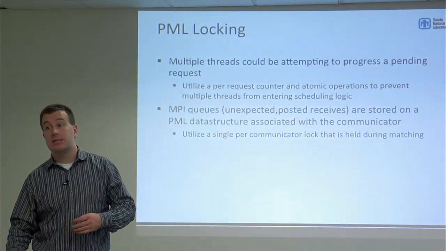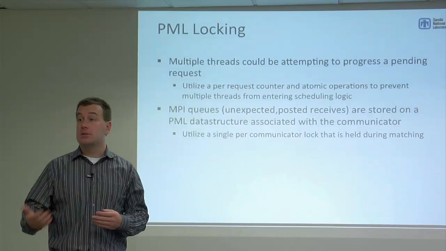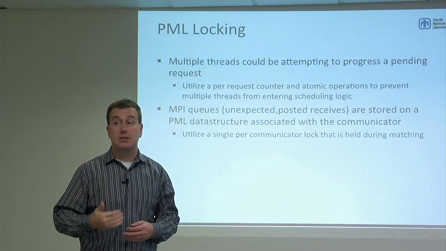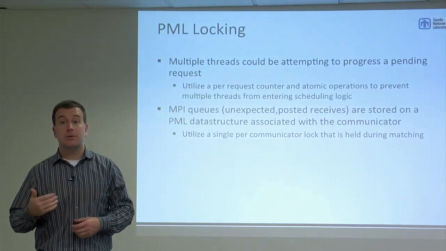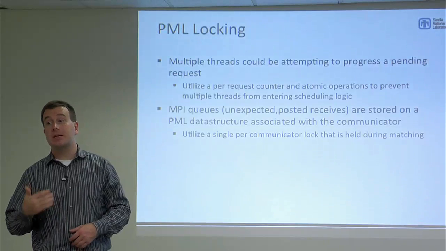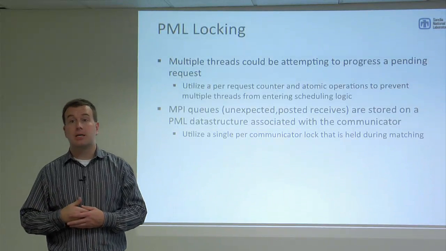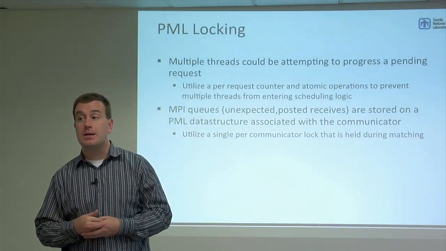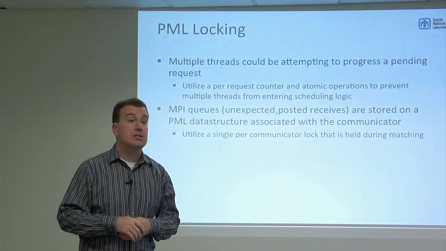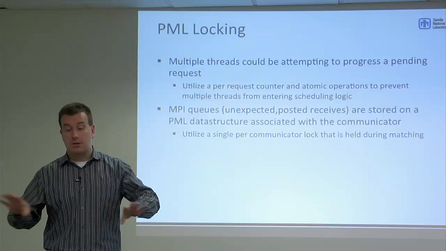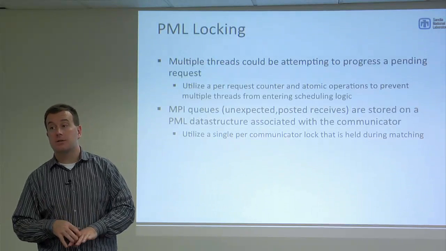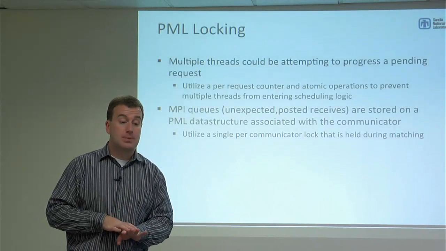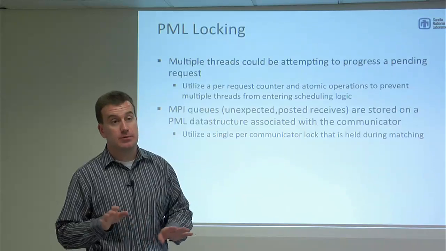Free lists are all thread safe by default, which is most of what the PML is doing. The one place is the unexpected list and the expected list. This is one of those places where it's truly awful. MPI matching is truly awful because no one's figured out a better way to do it than have a lock for both requests. There's no lock-free list searching here because there's all kinds of ordering constraints that are kind of hard to match. And so for the most part, those have a lock around each one of them you have to grab.